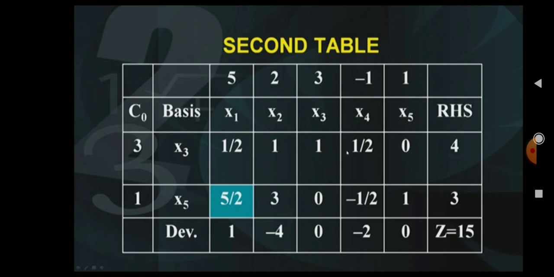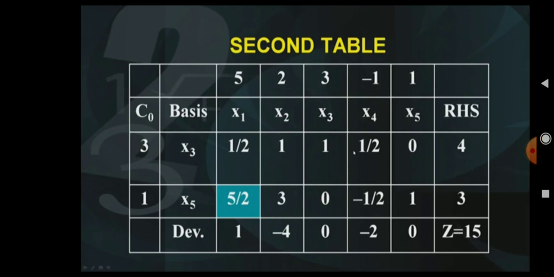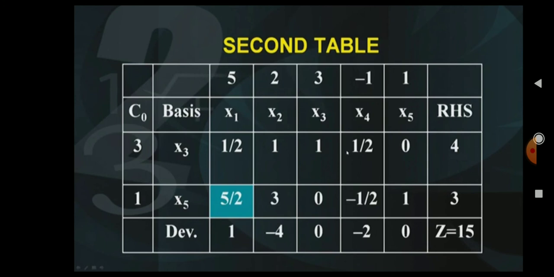You have to find the minimum ratio: 4 by half is 8, and 3 by 5/2 equals 6/5, which is minimum. So x5 will leave and x1 will enter. The new basic variables are x3 and x1, with x1 in place of x5, having coefficient 5 in the objective function.